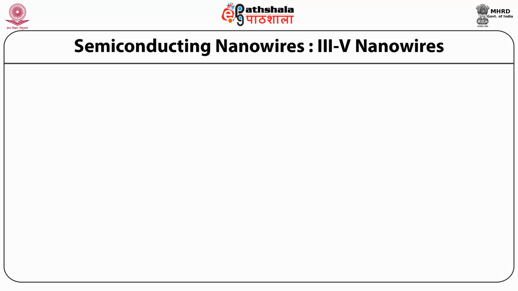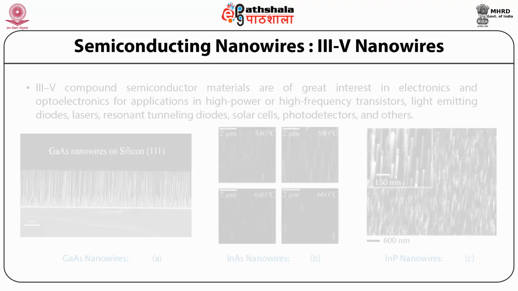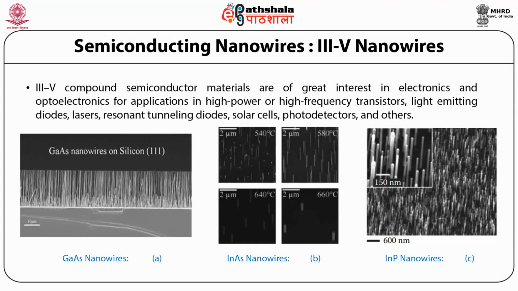I want to discuss III-V nanowires, which are semiconducting in nature. Group III-V compounds are semiconductor materials of great interest in electronics and optoelectronics for applications in high power and high frequency transistors, light emitting diodes, lasers, resonant tunneling diodes, solar cells, photodetectors, and others.